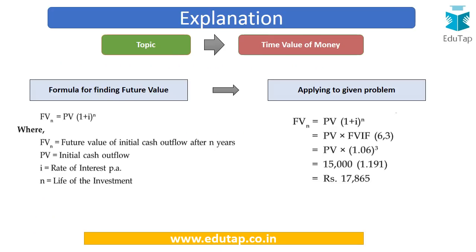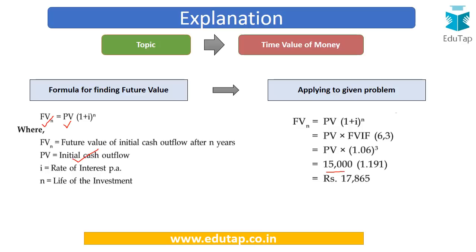So let's take a quick look at the formula and then try to put in the values to arrive at the future value. As we have seen, when we have to find the future value, we use the present value and multiply it by 1 plus rate of interest to the power n, which is the period. In the given question, we are given the present value, that is the initial cash outflow, as rupees 15,000.